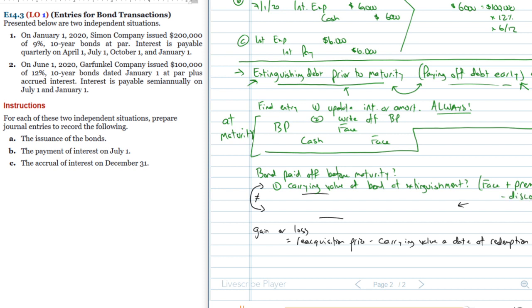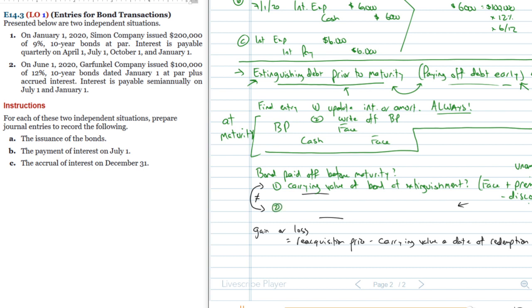All right, so that's what we have to worry about. If the bond was sold at par, obviously premium and discount don't matter. But if it was sold at a premium or discount, there's going to be some unamortized premium or discount. So there's one thing we've got to figure out, and that's the carrying value.